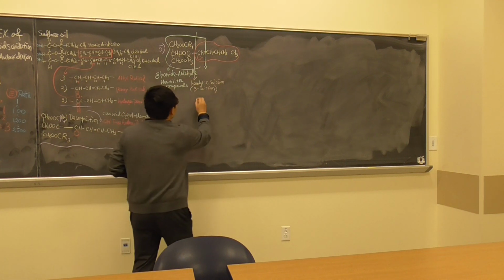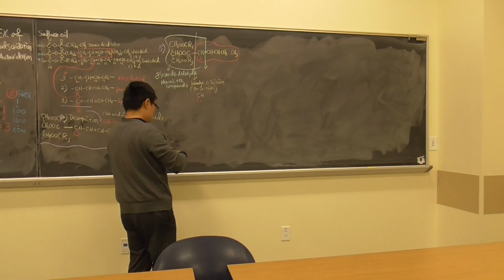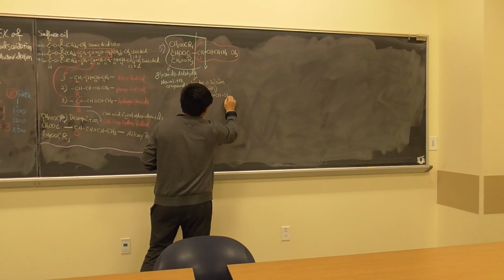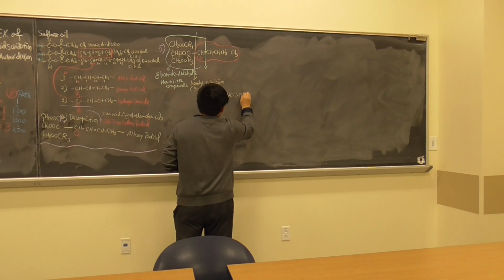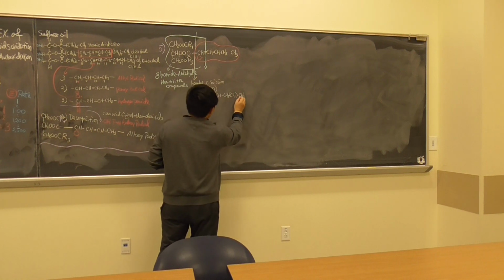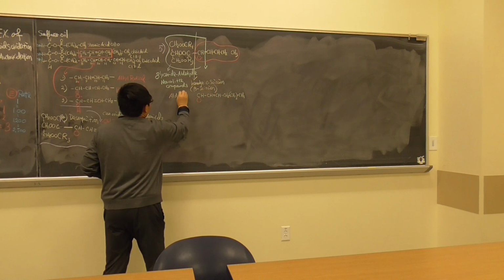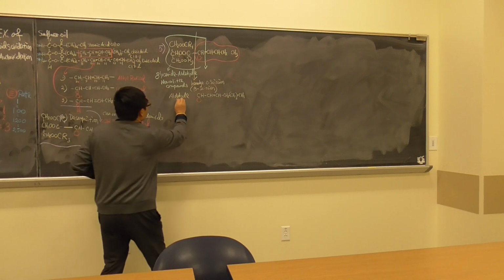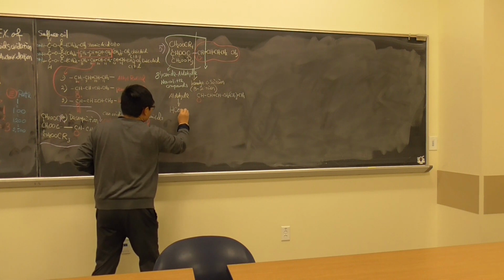We can move down. CH, O goes here, then you go CH, double bond, CH, CH2. We could do a little bit more. Okay, CH2, CH3. That should be 6. What is this one? Aldehyde. And this aldehyde later on could be further decomposed to become HCOOH.